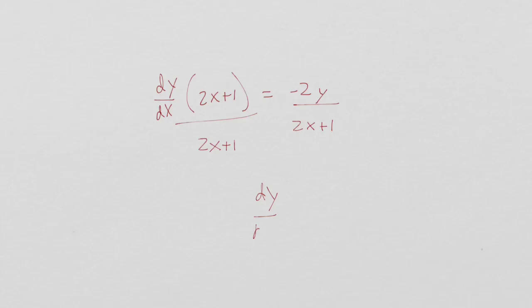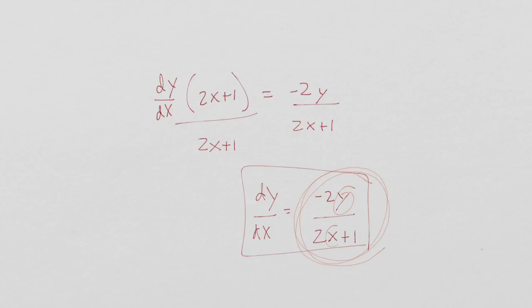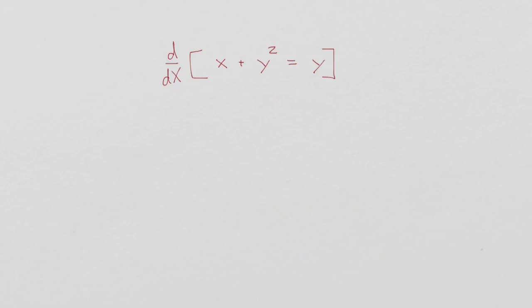So the derivative of y with respect to x is negative 2y over 2x plus 1. And you should notice a couple of things. One of them being that if we started out with an implicitly defined function where x and y are all garbled together, we will end with an implicitly defined function where x's and y's are all garbled together.